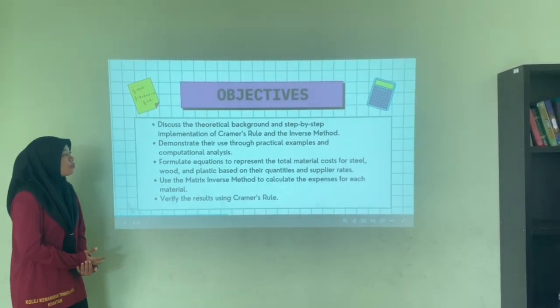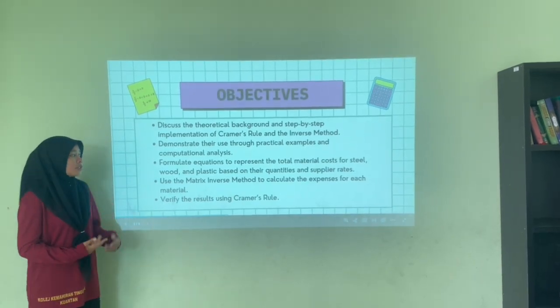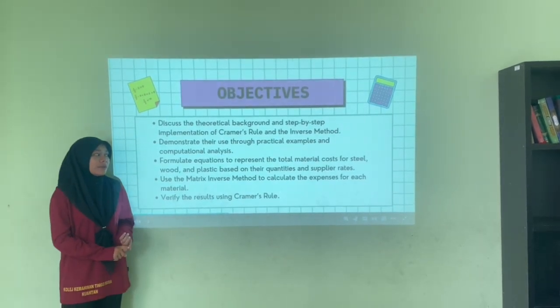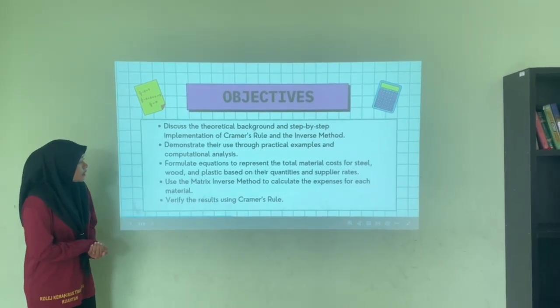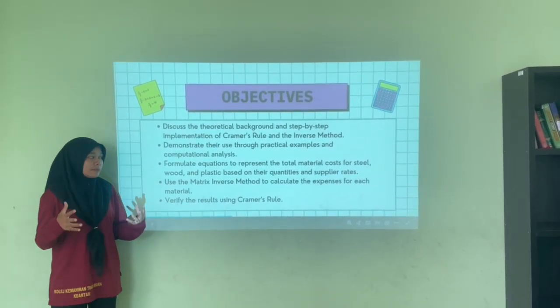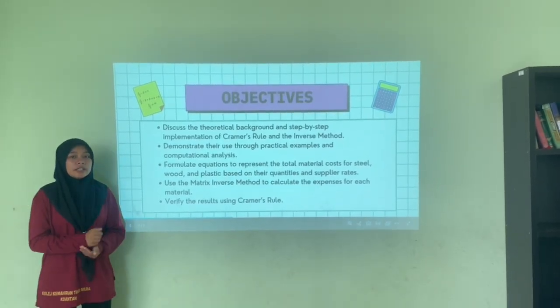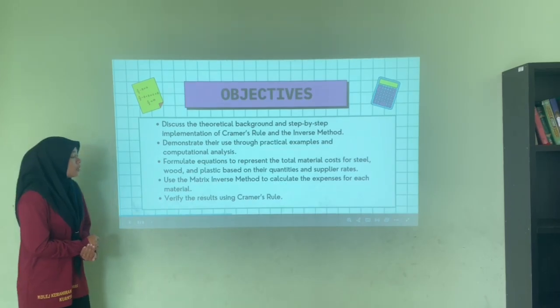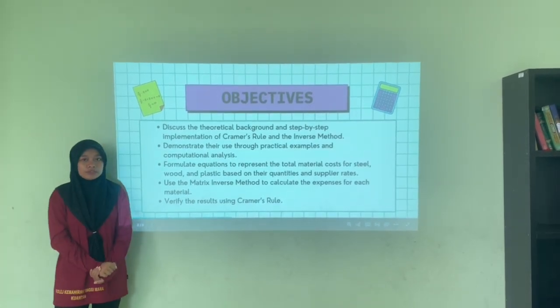Number 3 is to formulate equations to represent the total material cost for steel, wood, and plastic based on their quantity and supplier rates. Number 4 is to use the matrix inverse method to calculate the expense for each material in the mini house model. The last is to verify the result using Cramer's rule.